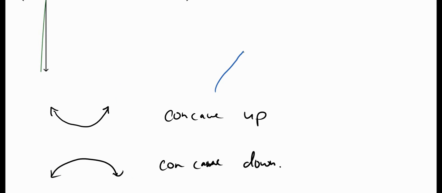Like it's not turning down yet, but it's kind of on the way to turning down. Does that make sense? And so if I change from concave down to concave up, it's like I'm turning down, now I'm turning up. Okay, and that's called a point of inflection. When it changes concavity, that is a point of inflection.